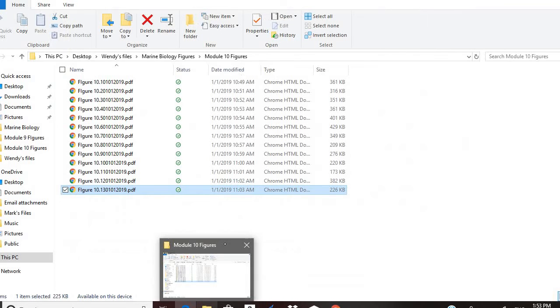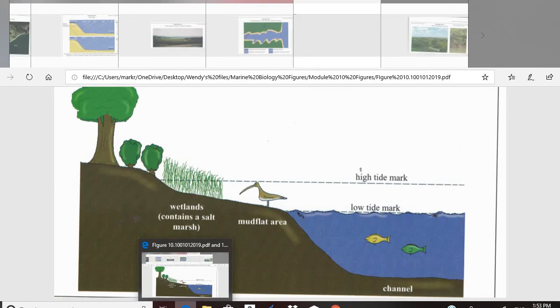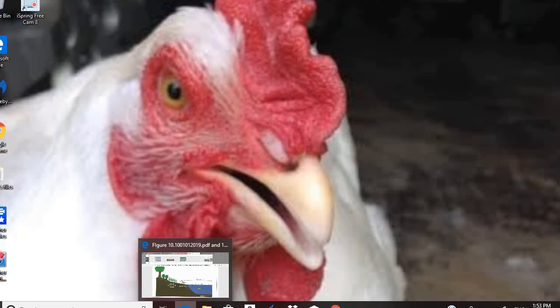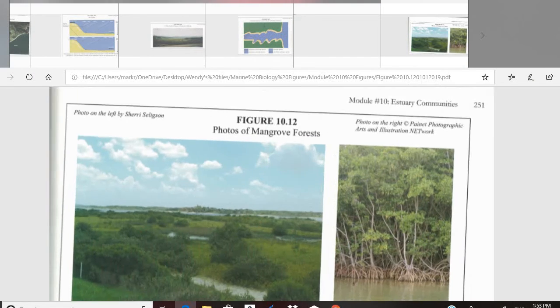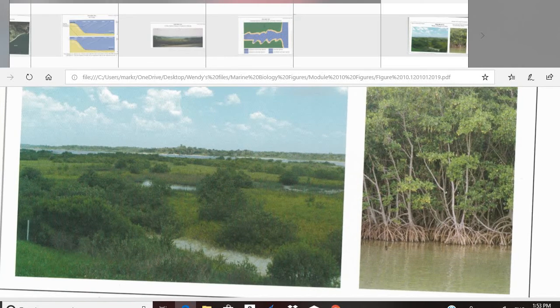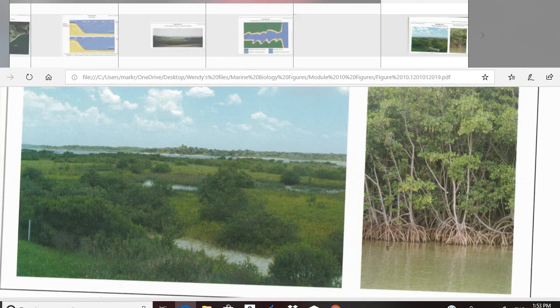So here's some mangrove forests. You can see these trees that live, and then the sediment builds up, and they can fill in the land and form these islands.